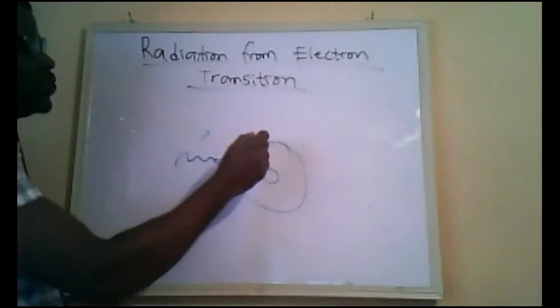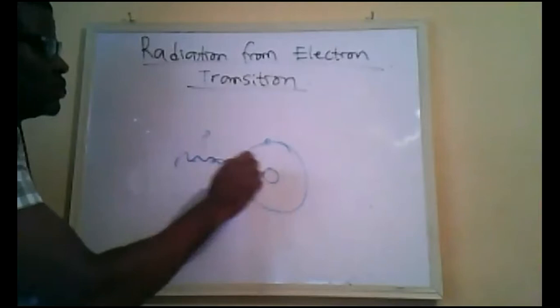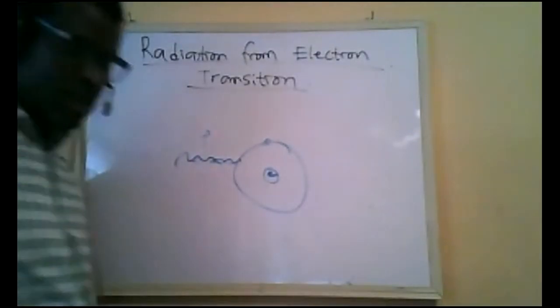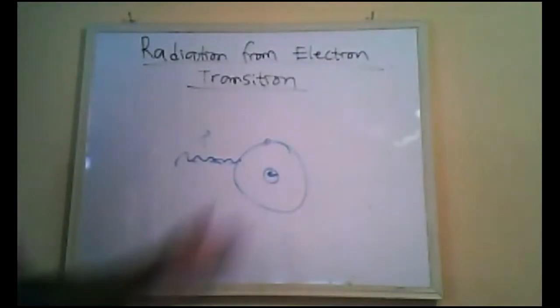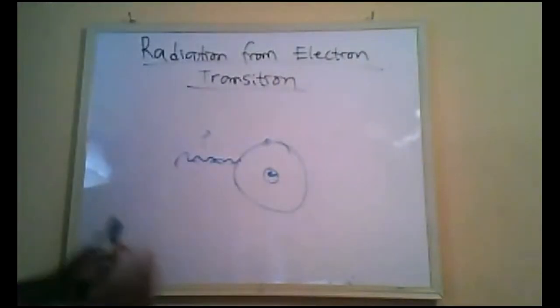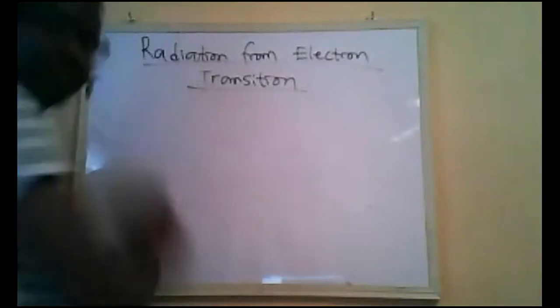It can interact with orbital electrons or move down into the nucleus. Those are the two ways in which we can have interaction: with orbital electrons or with the nucleus. So today we want to look at radiation from electron transition.